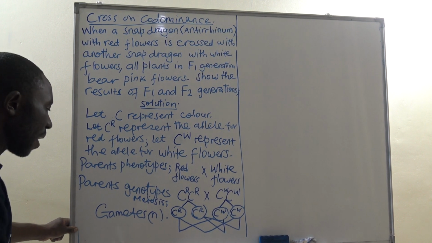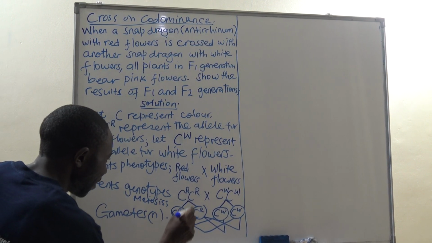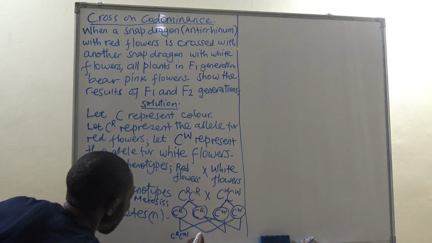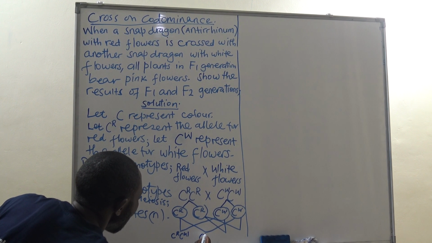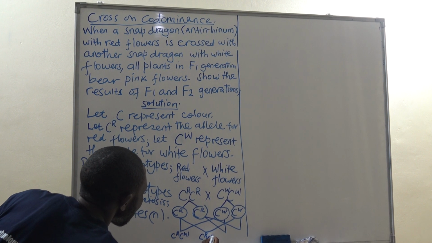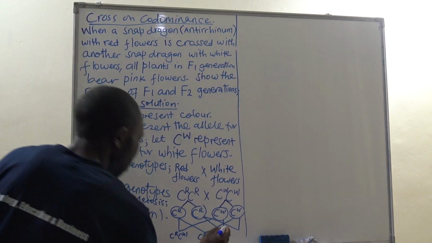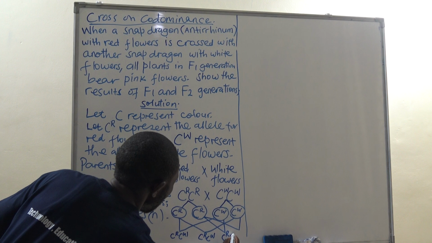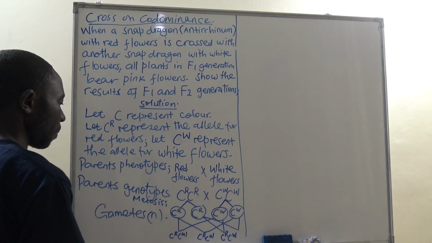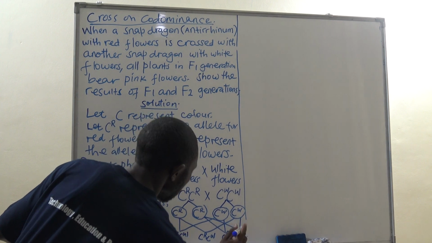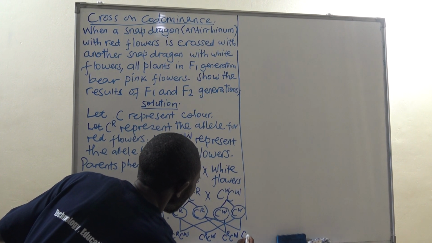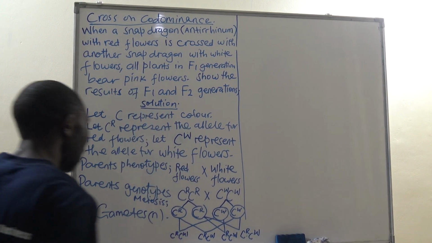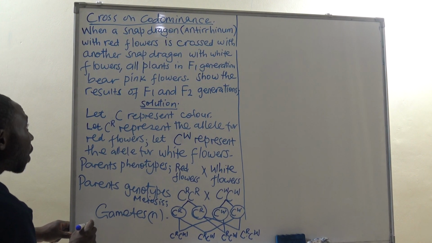Thus we shall have C^R C^W, C^R C^W, C^R C^W, and C^R C^W. This is the F1 genotypes.